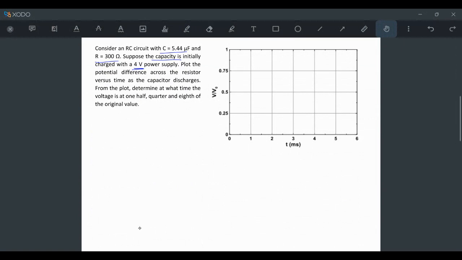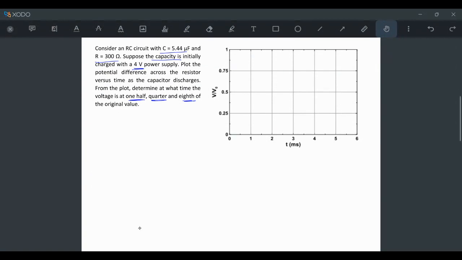And we also want to determine at what times the half, quarter, and eighth voltages occur. So at what time do we reach half the original voltage? At what time do we reach a quarter of the original? That kind of thing. Okay, so we can proceed basically the same way.